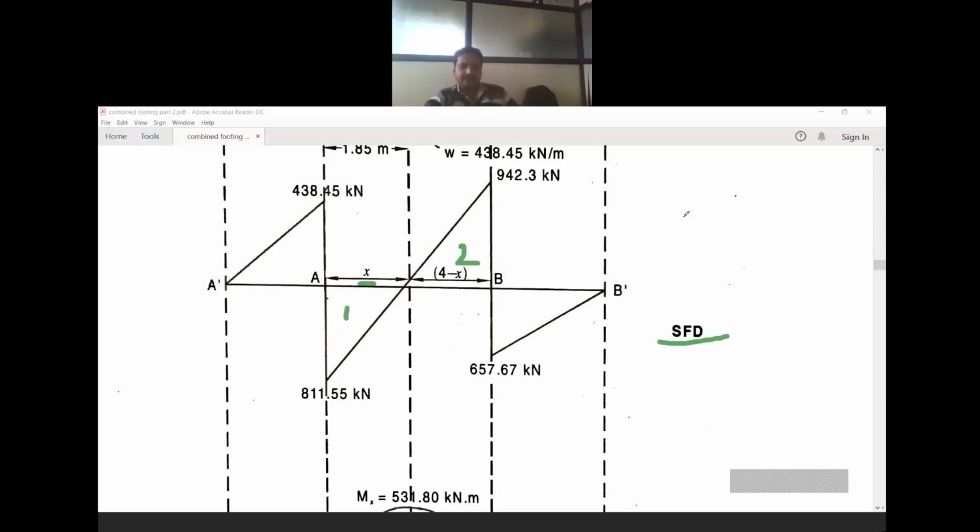By considering the height and width of the triangles. Height of triangle 1, 811.55, divided by its width x, is equal to the height of triangle 2, 942.3, divided by its width. The total length between A and B is 4, so 4 minus x is the bottom width of the second triangle. You have to solve this equation for the x value.